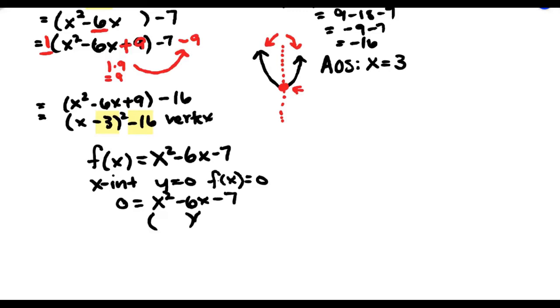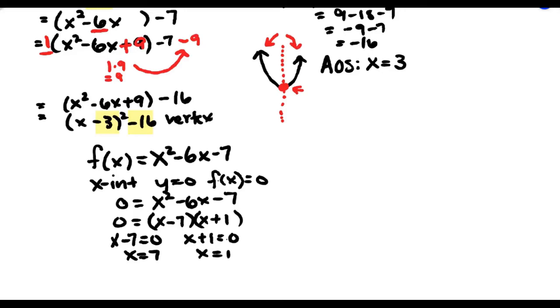Let's try to solve this by factoring. X times x is x squared. 7 times 1 would give 7, and if I have a minus on the 7 and a plus on the 1, we've factored our quadratic function. I can set each one of these factors equal to 0 to get x equals 7 and x equals -1 for our x-intercepts.